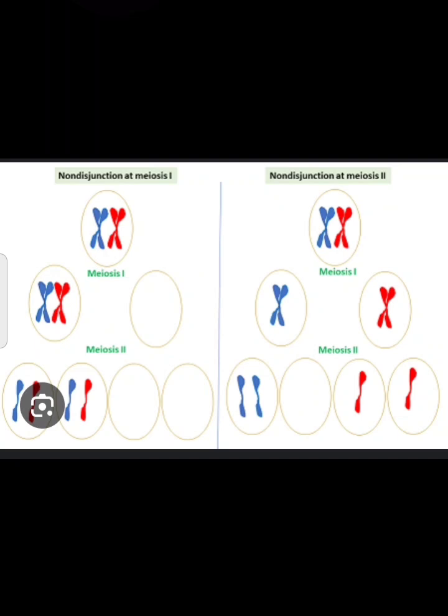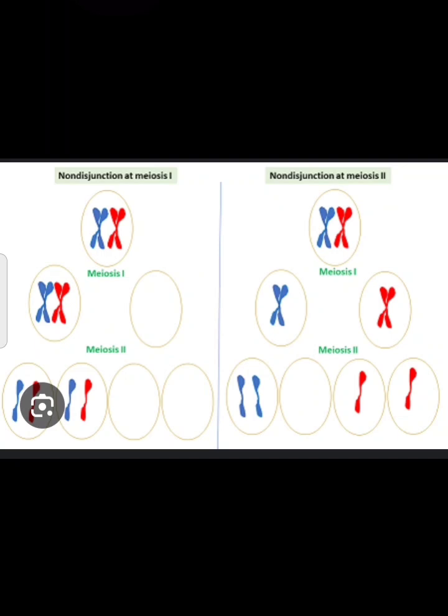If that gamete gets fertilized, this can happen in the male or female, then the fetus can be a trisomy, having 3 copies of the 21st chromosome. So that is happening with meiosis 1.